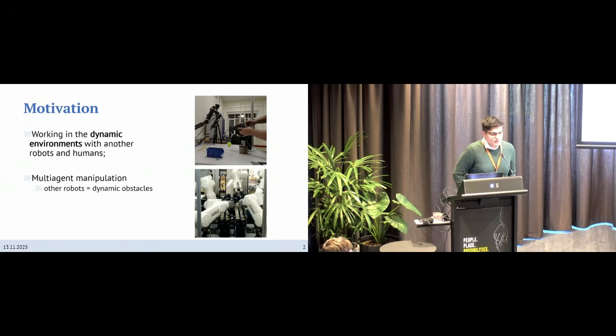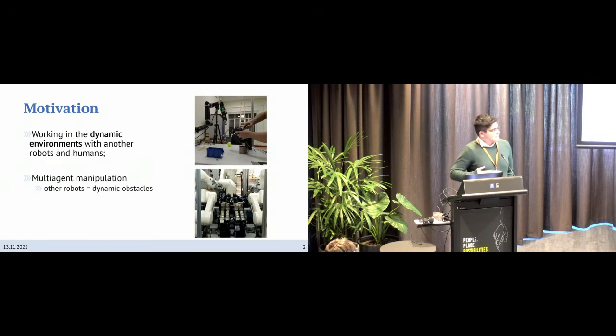In our work, we focused on solving planning problems in a dynamic environment where the obstacle trajectories in the future are known. For example, they are predicted or known in advance. For example, the obstacle is another robot with a fixed path.